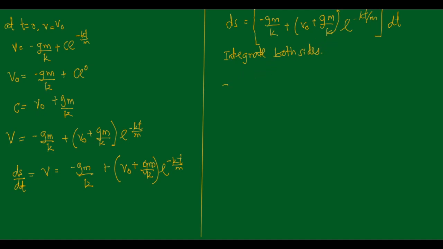On integrating both sides, we have s to be equal to minus gmt divided by k plus v naught plus gm over k multiplied by minus m over k e raised to the power of minus kt over m, plus a new constant, let's say p.